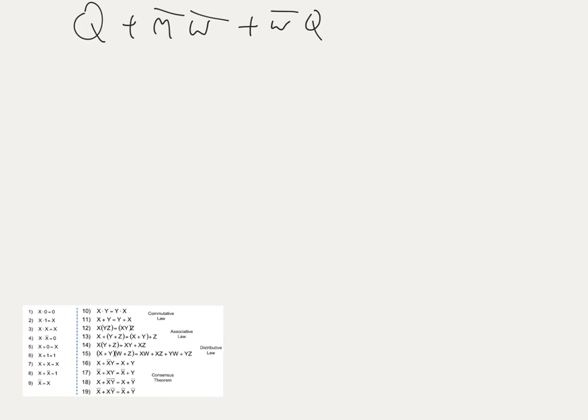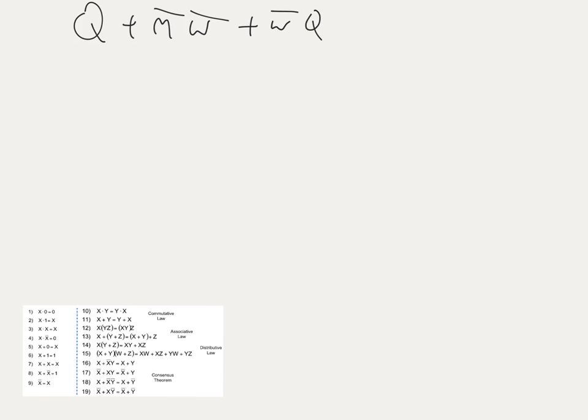So I've got Q plus M naught W naught plus W naught Q. What can I do with that? Well, I'm looking again probably at some distribution here, at some factoring. So I see this Q by himself, I see a Q over there. So I'm going to take Q out of both of those two terms.